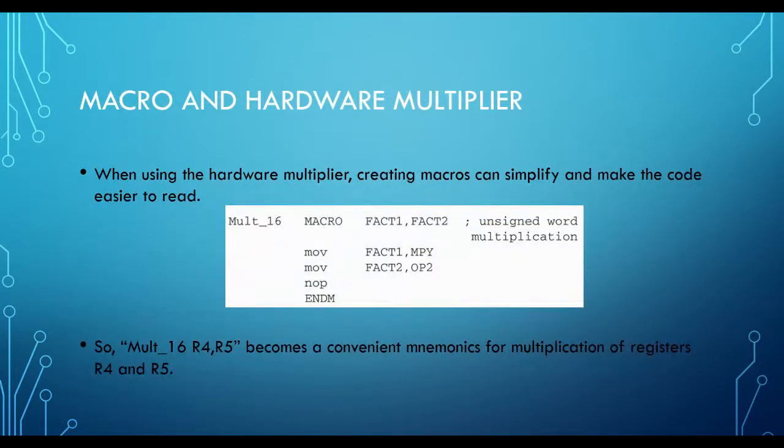Some time ago I told you that the MSP430 has a function called multiplication. It makes it very easy for you: you basically just key in MPY and OP2, and you have an answer in two registers.